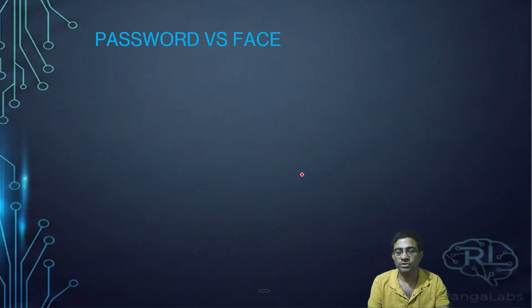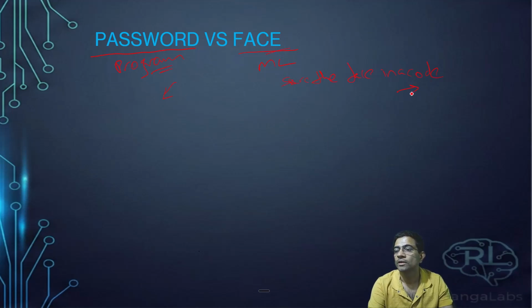Password versus face. This is where machine learning is differentiated from programming. Password is programming, face is machine learning. We have a program, we feed the password and you just save it in the database. So as soon as the user comes and enters the correct password, you log in. But in case of face, how are you going to save the face in the code?